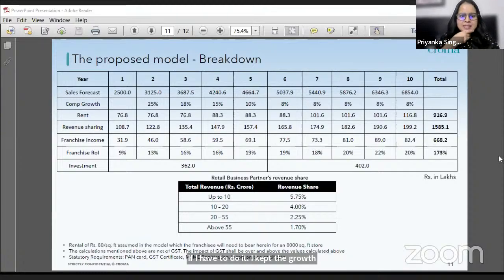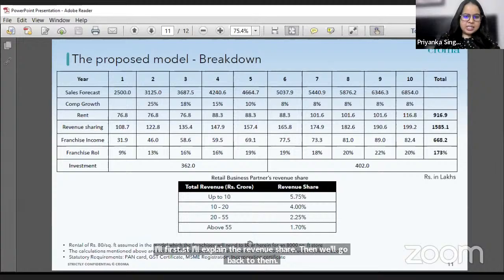If you go directly to the revenue share row, that basically shows what your revenue share will be. This revenue share is derived from the table below, which is a revenue share table. So I'll explain the revenue share, then we'll go back to the bigger table. The revenue share has been derived by the following slabs.